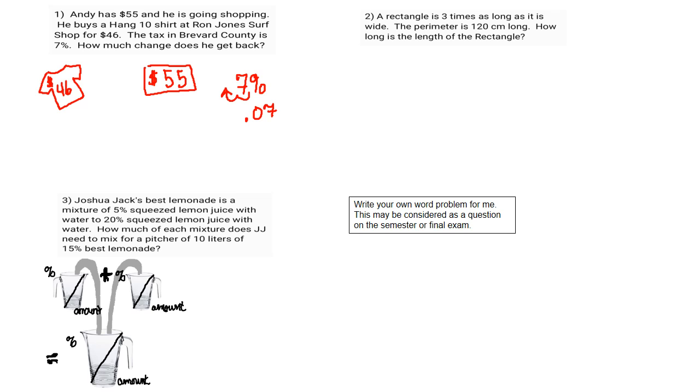And when you go shopping, basically what happens is they scan the item. The little computer says, okay, I have to add 7% sales tax. So 7% of the 46, going to do our basic percent setup. The percent thing goes first. The of thing goes next, which is going to be the $46 on the shirt.